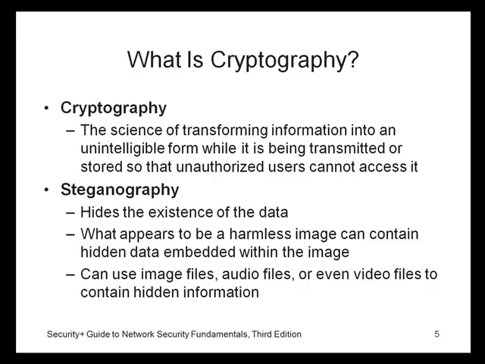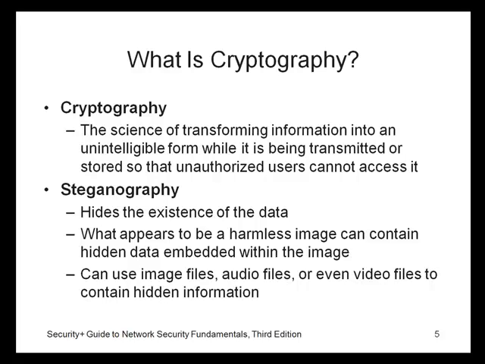So how do you do that? You put something inside of something. That's what you're talking about with steganography. What appears to be a harmless image can contain hidden data embedded within the image. And one of the things that you get into here is that whatever you put inside the image obviously can't be bigger than the image, and if you put something too large inside of it, and you can try that too, you damage the resolution.